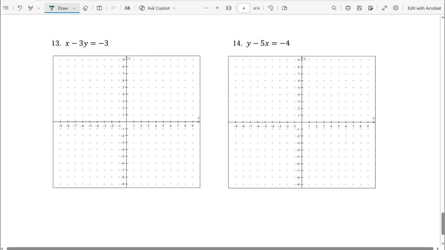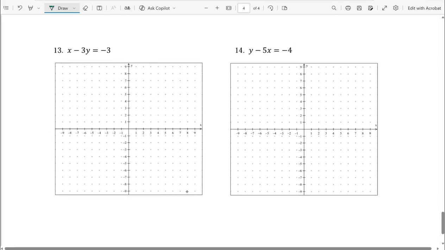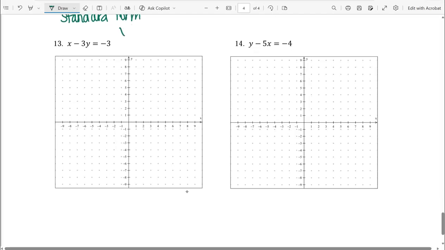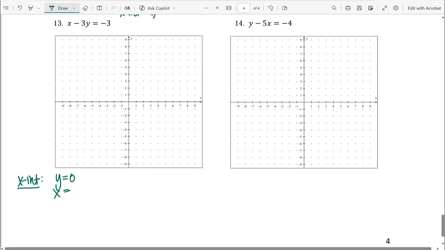Looking at 13, I have x minus 3y equals -3. This is another one of those, once again, that's kind of weird. X's and y's together. This is standard form, right? Y is not by itself. So I'm going to find my x and y intercepts. For my x-intercept, we make y equals 0. So I have x minus 3 times 0 equals -3.